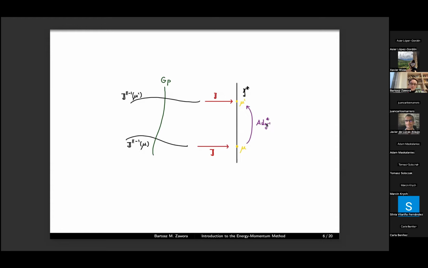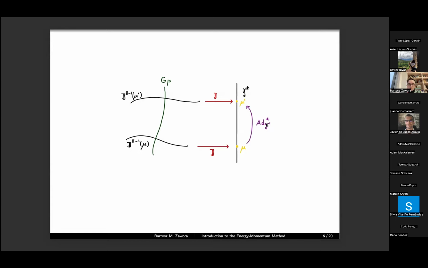At this point, it's worth noting that in general we don't have to assume this; it may happen that the symplectic momentum map is not Ad-equivariant. But we can always make the symplectic momentum map equivariant with respect to another action on g star.